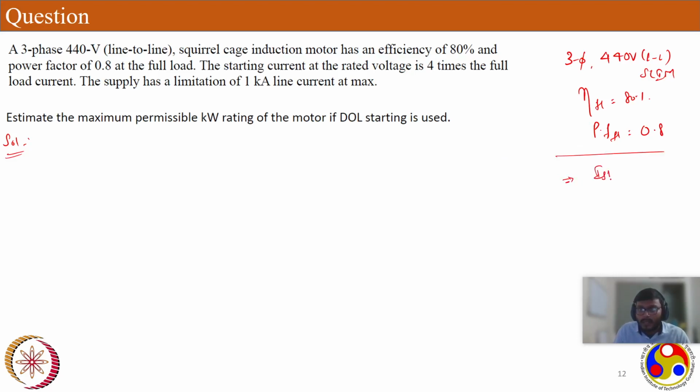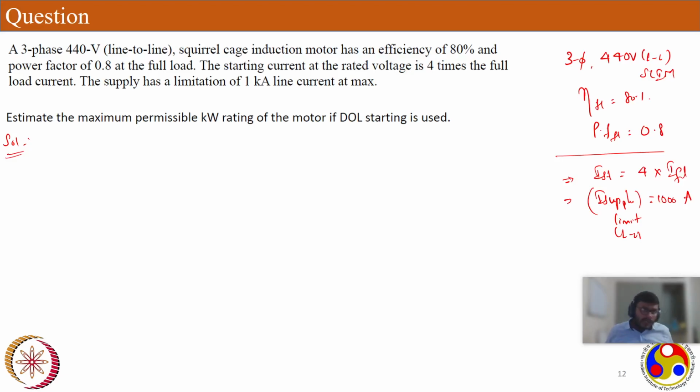So here it is written that I starting is 4 times the full load current, and the supply has a limitation of 1 kilo amps, line current at max. So I supply limit, that is line to line, is equal to 1000 amps. This is the data they have given.